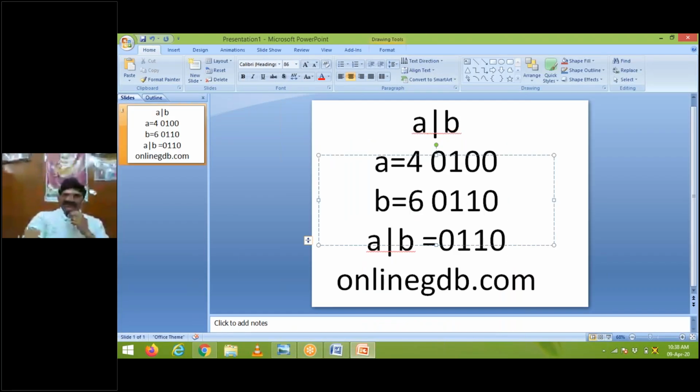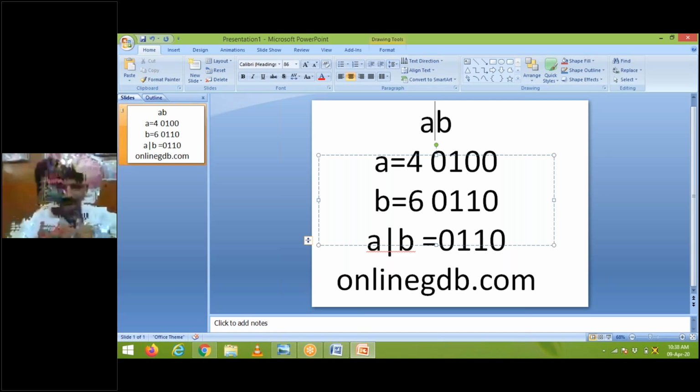In the notes you can also check. Here I am declaring A value, B value and C value as the result of A or B, which is 0 1 1 0. Okay. Next, what is XOR? Bitwise XOR. The previous one was the OR symbol, and now we come to the XOR symbol. This is the XOR symbol, A exclusive or B. What is the purpose of A exclusive or B?